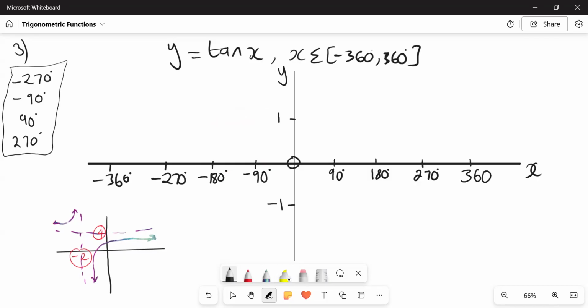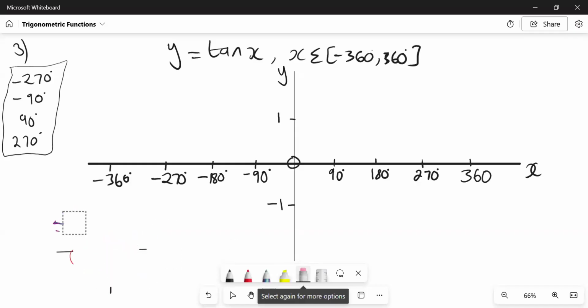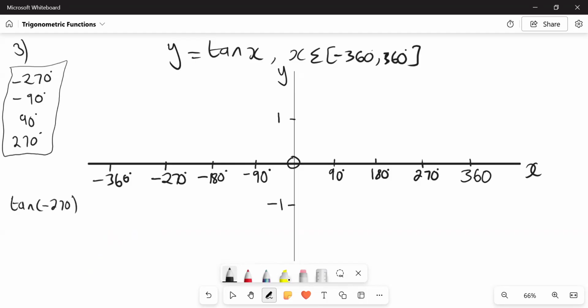So we apply the same logic to a tan graph. We apply the same logic, the logic of asymptotes. Now, how do we do that? So on your calculator, just punch tan negative 270 for me.